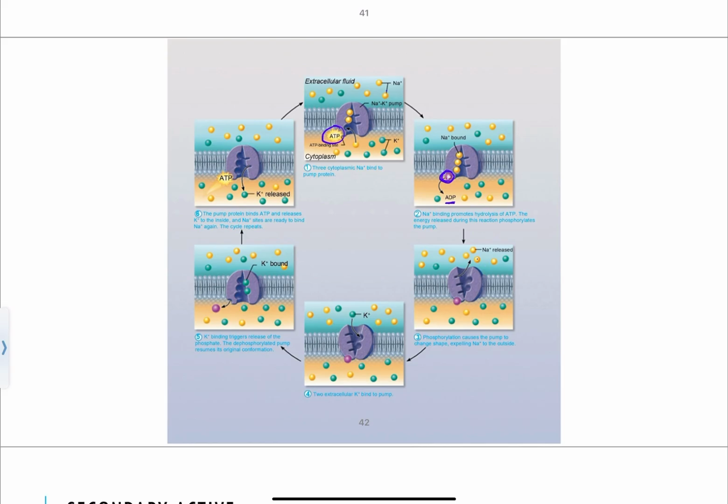It's going to then release them and allow for 2 potassium to come in and bind here. If we look at the concentration gradients for potassium, we see we have very little potassium outside in the extracellular fluid, but we have a ton in the intracellular fluid. So again, we're moving them against their concentration gradient, which is going to require energy.